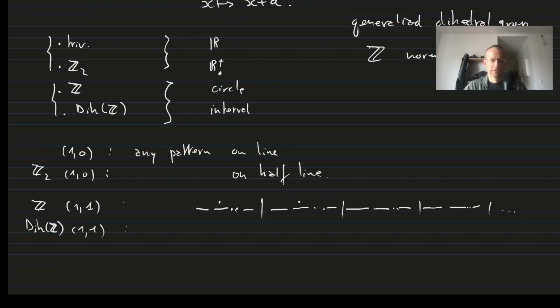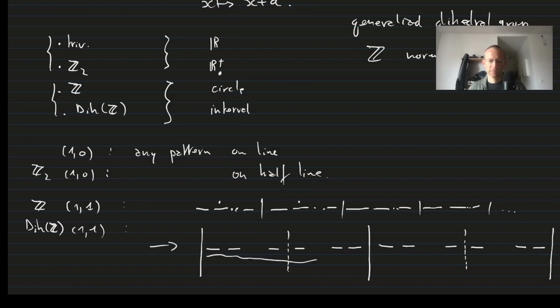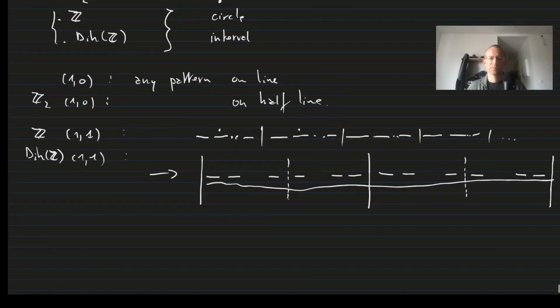All right, then for the dihedral group, we have that the fundamental domain is an interval. So how does that work? Well, we draw any pattern again on an interval, but then we must reflect it. And then we can start repeating this pattern over and over again. And this is a pattern in 1 dimension which has the symmetry group, the generalized dihedral group. So these are the simplest 1-dimensional examples of crystallographic groups.